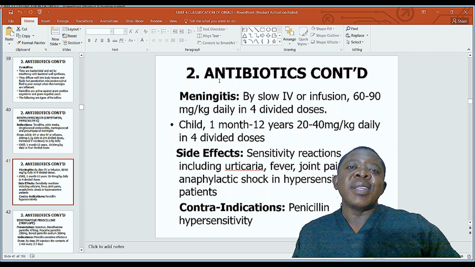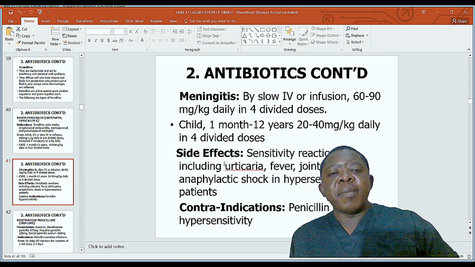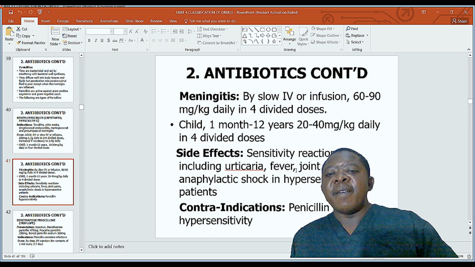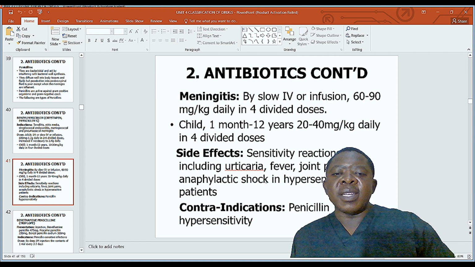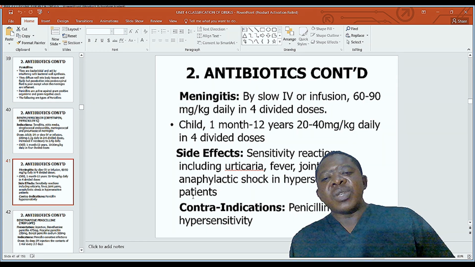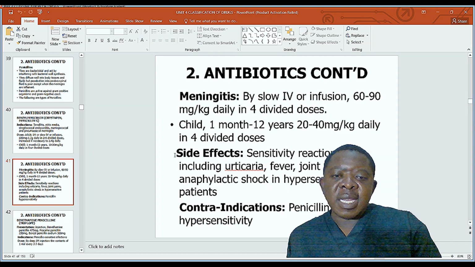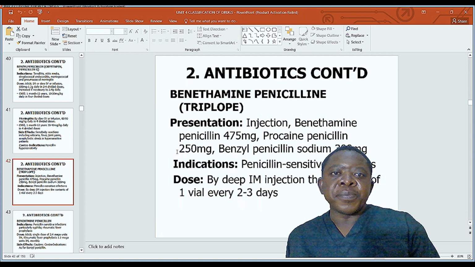The side effects of benzylpenicillin include sensitivity reactions, including urticaria, fever, joint pains, anaphylactic shock in hypersensitivity patients, and then contraindication is for those that have penicillin hypersensitivity.